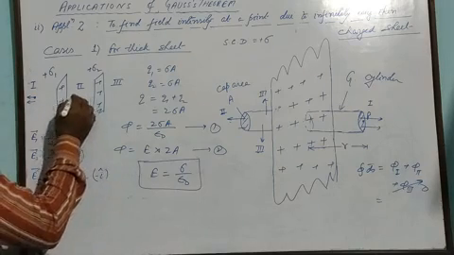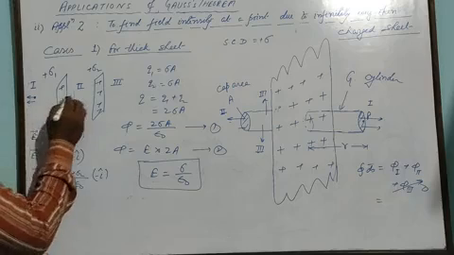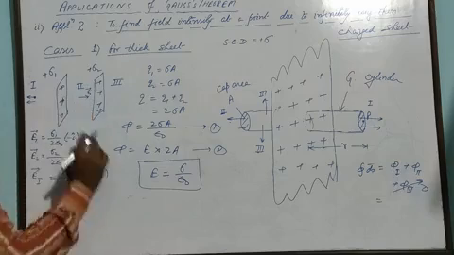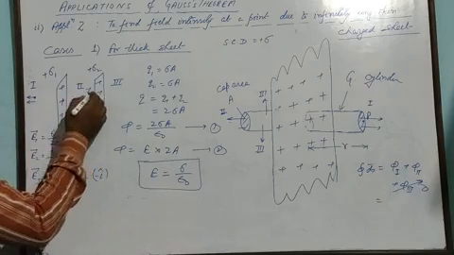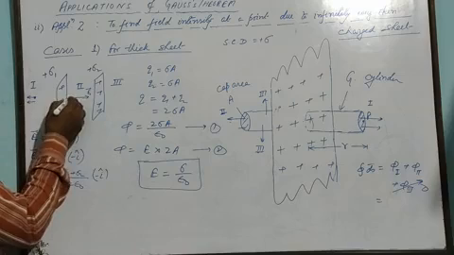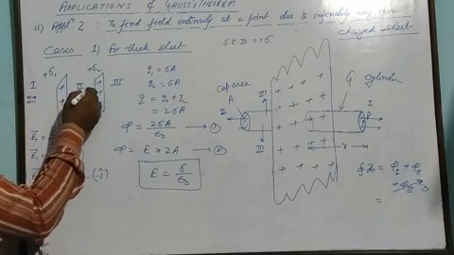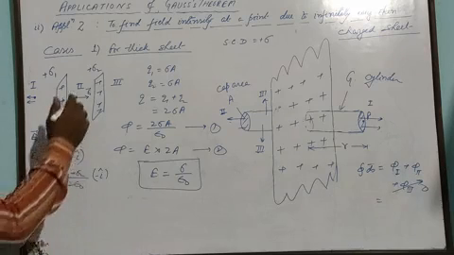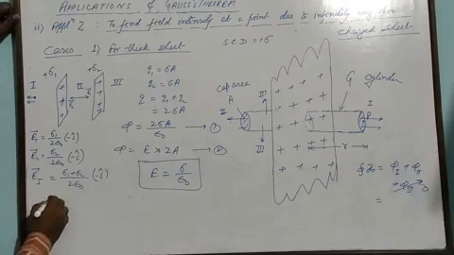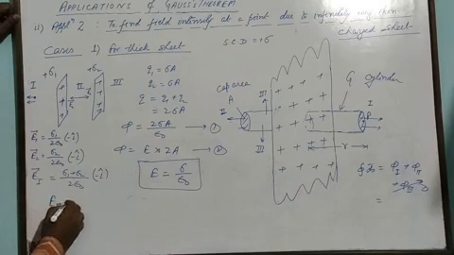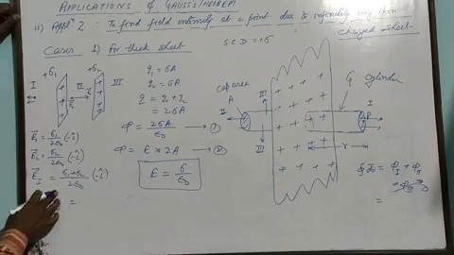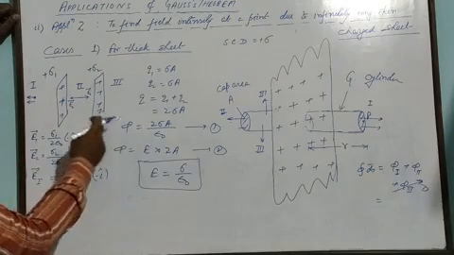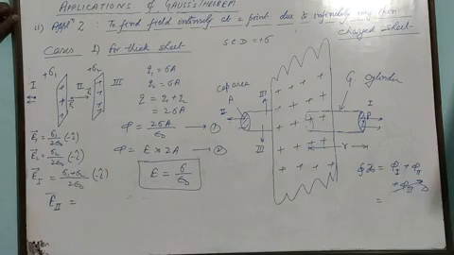Similarly, you can go for zone 2. The direction due to this charge sheet will be radially outward, so along this direction. Due to this one, radially outward, so along this direction. The magnitude for E1, E2 will remain the same, only the change is in direction. So in case 2, first of all, E1 is in plus i direction, E2 is in minus i direction.